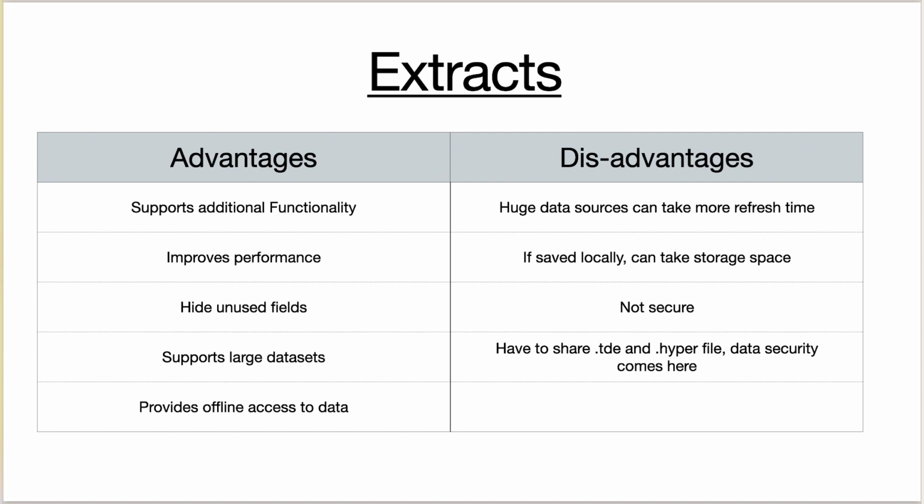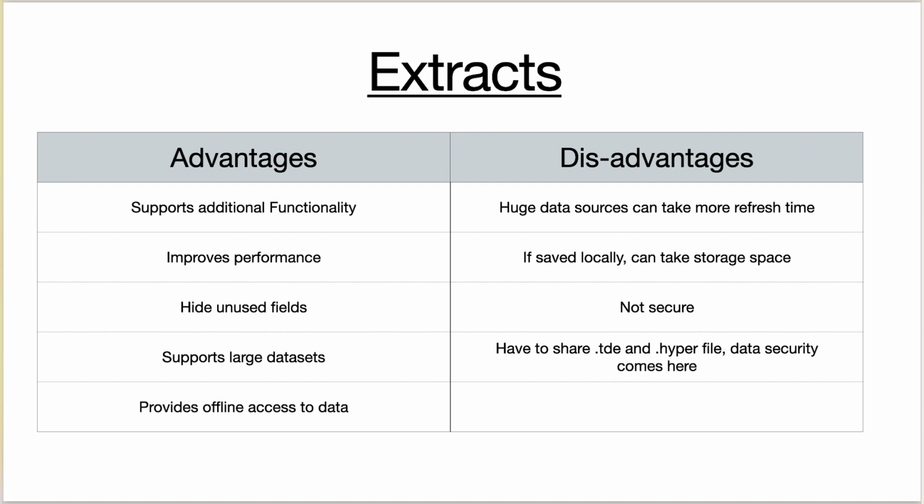Then disadvantages. As I mentioned before, for huge databases which have multiple rows and multiple columns, if there is a huge data source, then it can take more time for the refresh. So refresh time can be more in the case of extracts. If we save that data source locally, then it can take up storage space.